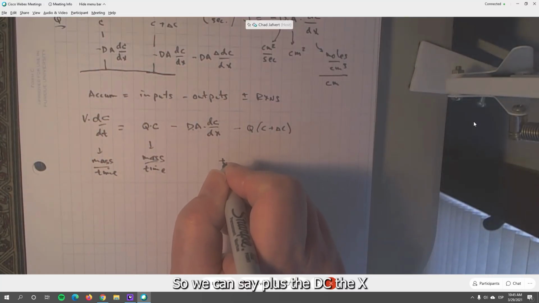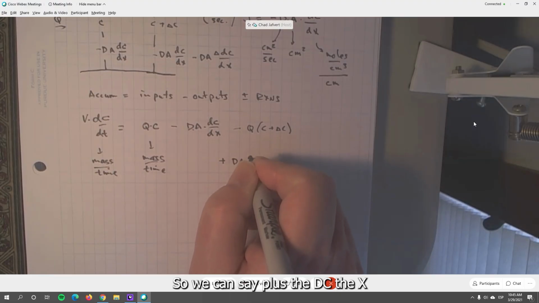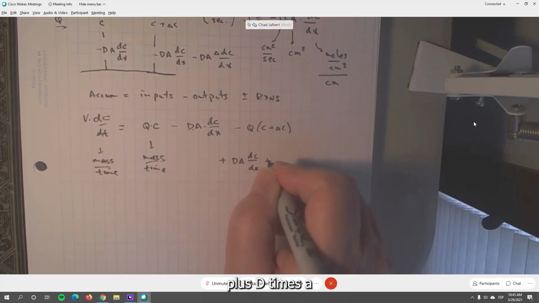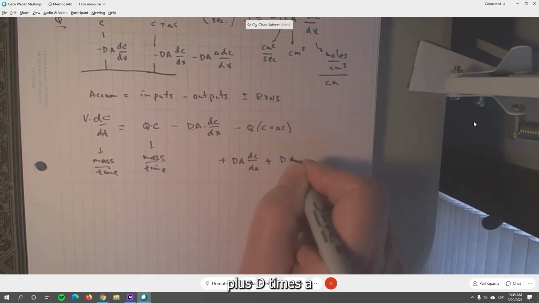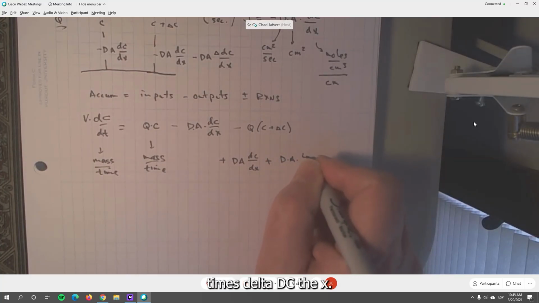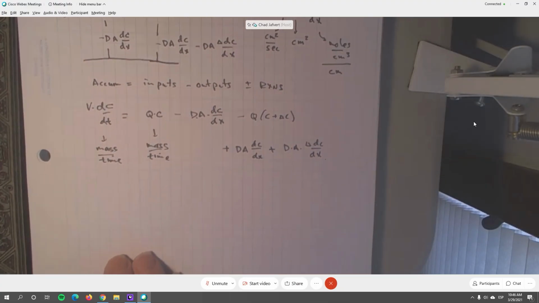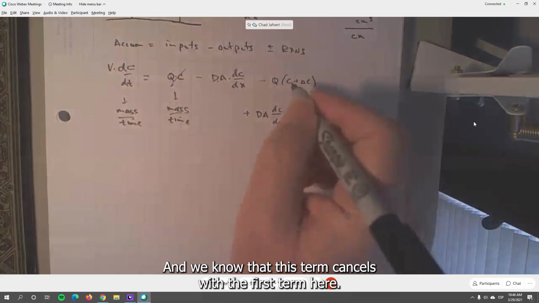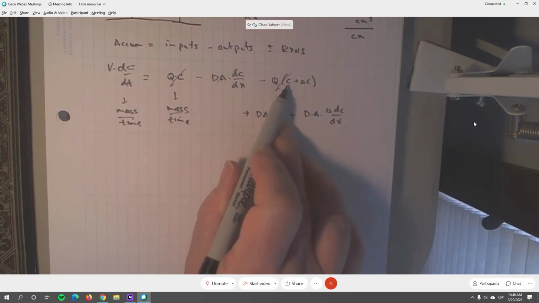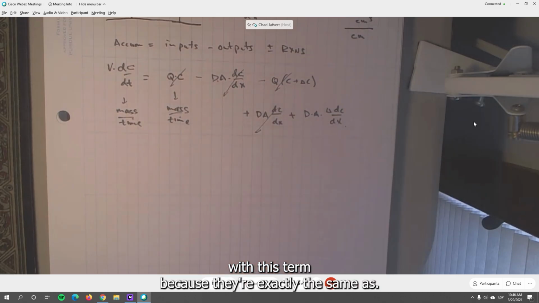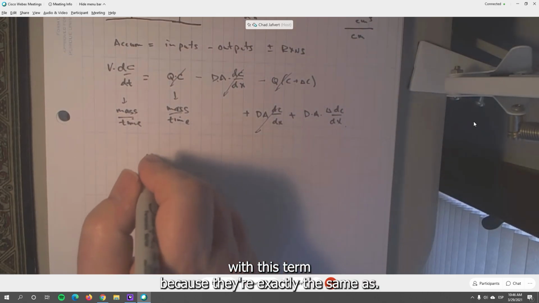So we can say plus dA dC/dx, plus D times A times delta dC/dx. And we know that this term cancels with the first term here once we multiply this out. This term will cancel with this term because they're exactly the same.